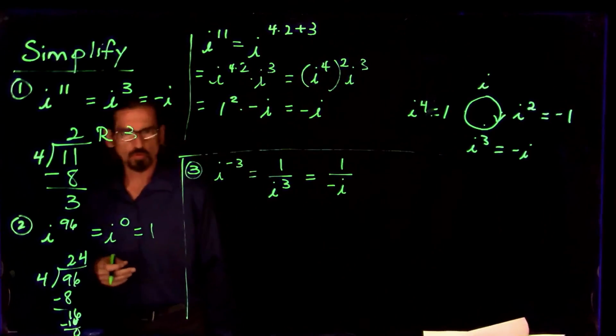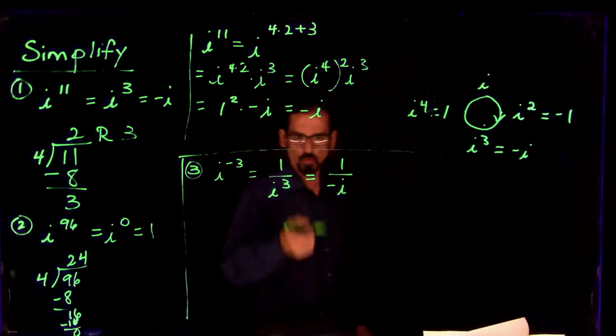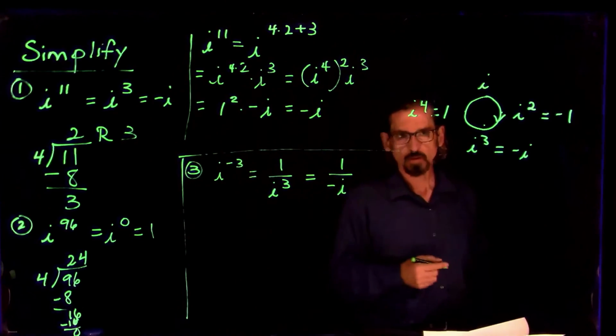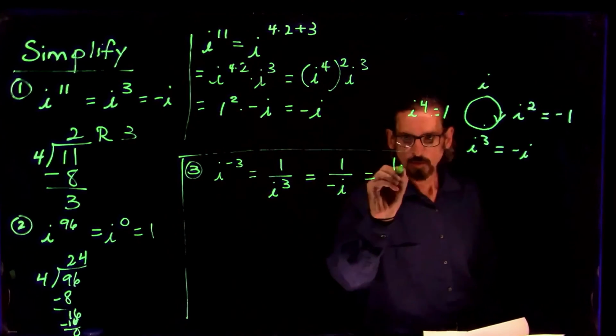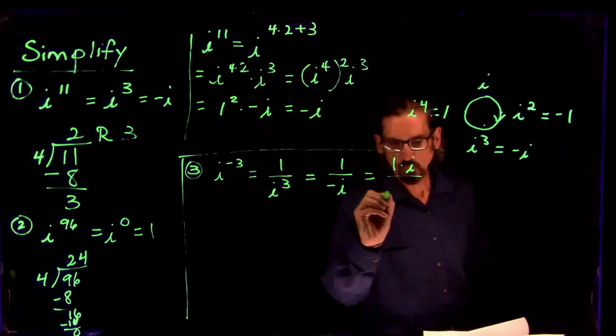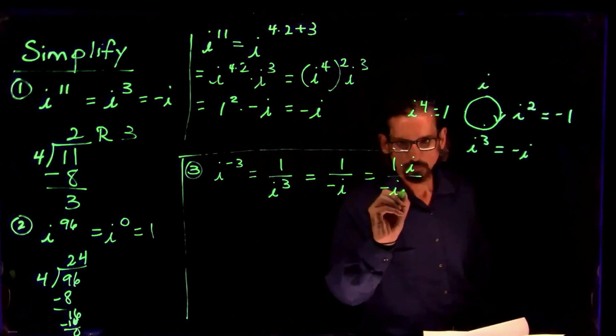Then we can apply what we were doing just a few minutes ago. Multiply top and bottom by the complex conjugate of the denominator. So that's negative i, multiply top and bottom by positive i.